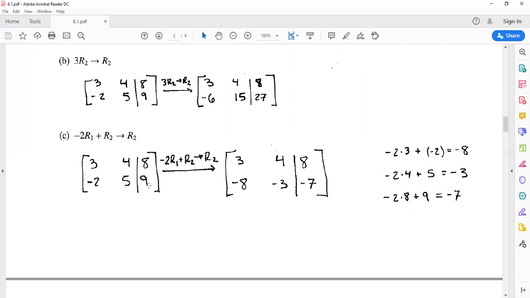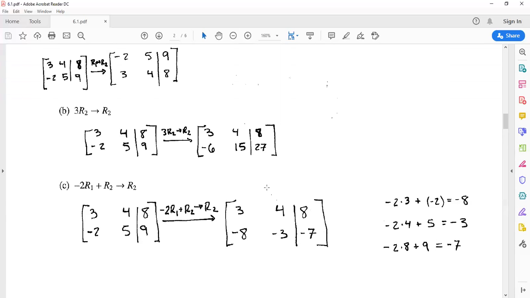Then last but not least, we've got the number 9 in the bottom right entry of this matrix. We are going to take that number 9 and add to it -2 times the number above it, which is 8. You can check that 9 plus -2 times 8 gives you -7. So we can replace the 9 in this entry with -7.